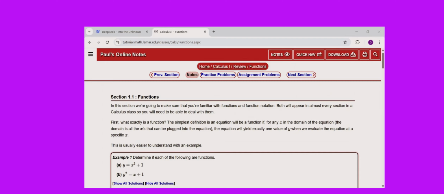Domain is all the x that can be plugged into the equation. This is usually easiest to understand with examples: y is equal to x square plus 1 is one of the examples of functions, and y square is equal to x plus 1 is an example too.